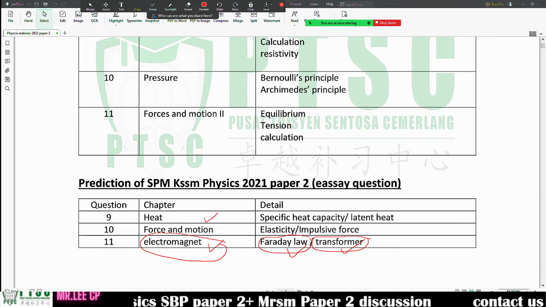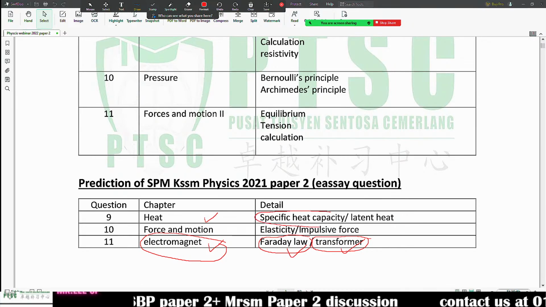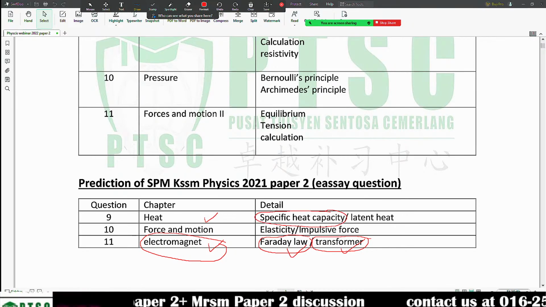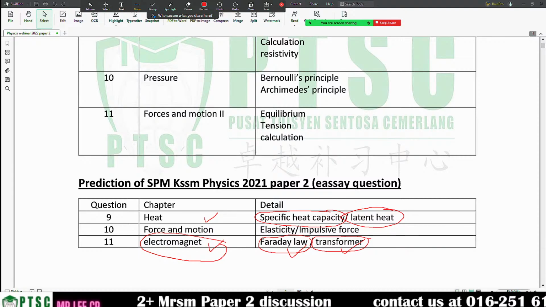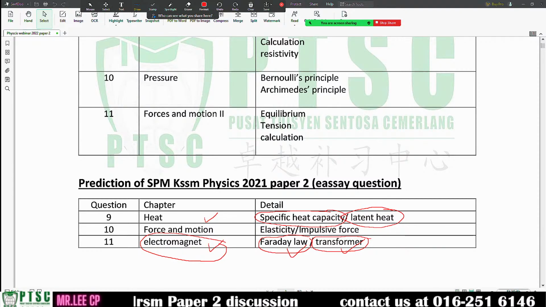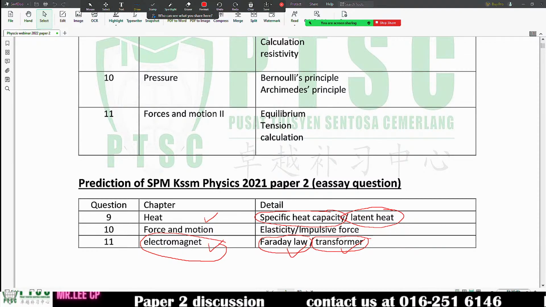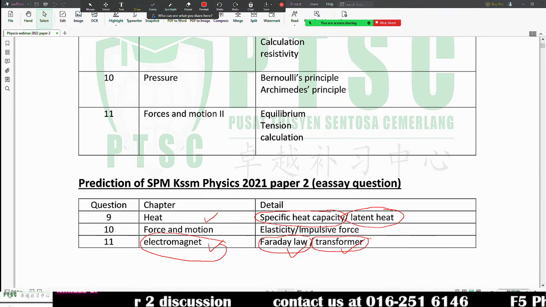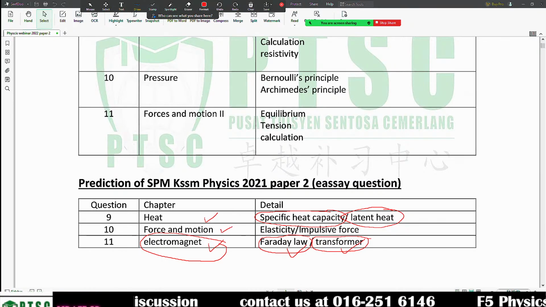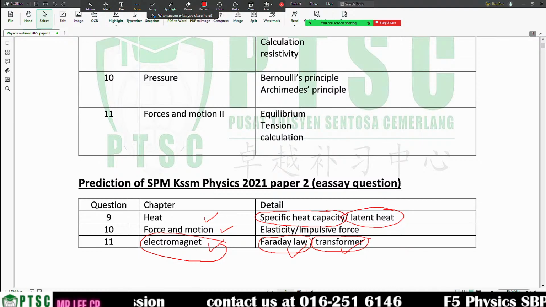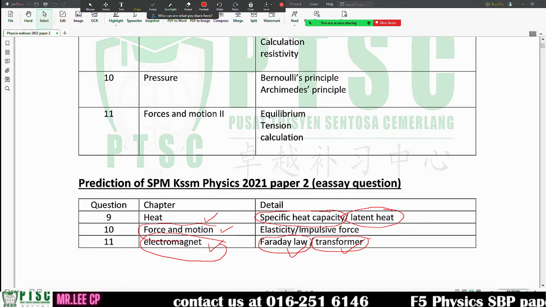Okay, what part of heat in essay. This is what I predict, and I explained the reason in my seminar. So now if you want to see, you go and read more. I just want to remind you one more time. Forces and motion, right?